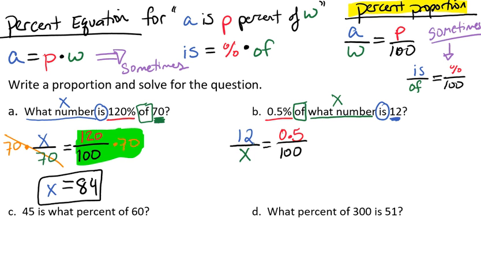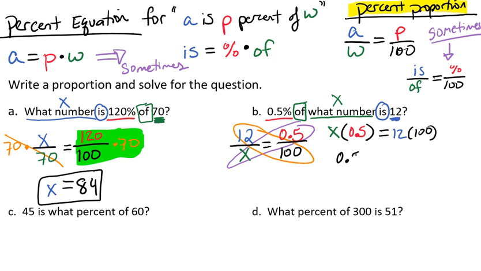Here, I see that my x is in the denominator, so this time I'm going to solve by cross multiplying. I'm going to multiply my x and my 0.5, and set that equal to 12 times 100. That's going to give me 0.5x equals 1,200.